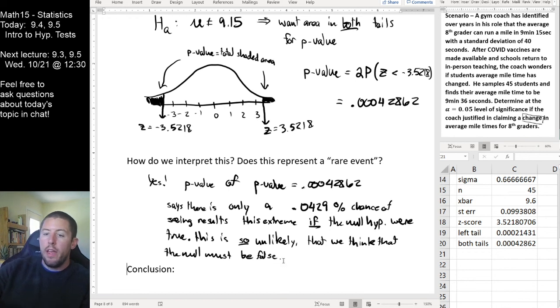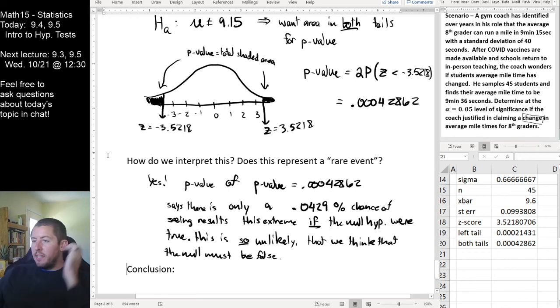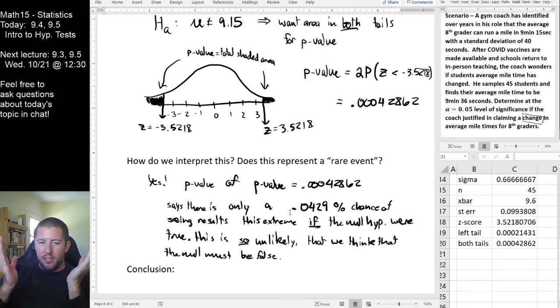All right, so we have computed the probability of seeing an event like the one that we saw occurring again if the null hypothesis were true. If the null hypothesis were true, then that would say to us that this is about a 0.04% chance of occurring. That's really, really rare. It's very rare to draw a sample like this. So either this gym coach just got a really rare sample that day, a wildly rare sample, a 4 in 1,000 sample, or the null hypothesis was wrong.